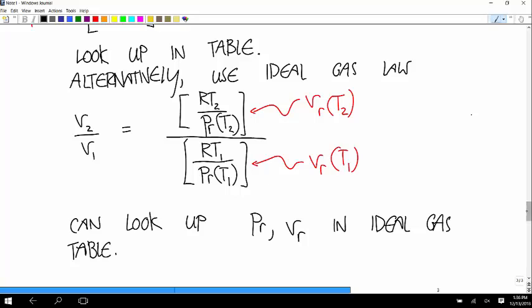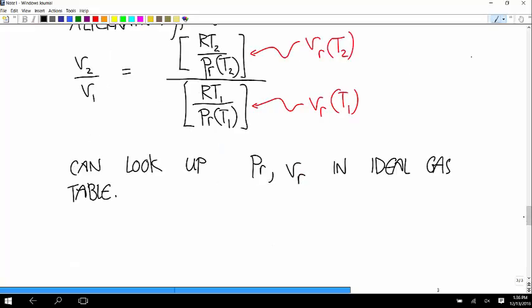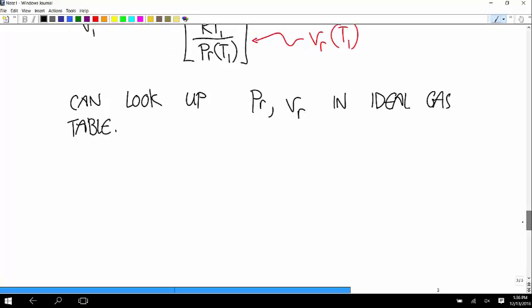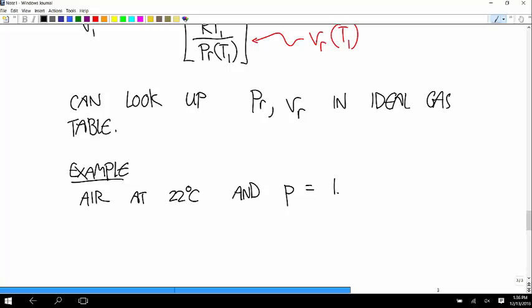Okay, so let me do an example of a case where this would be useful. For example, let's say that we have air at room temperature, so 22 degrees Celsius, and atmospheric pressure, so 1.01 times 10 to the fifth.